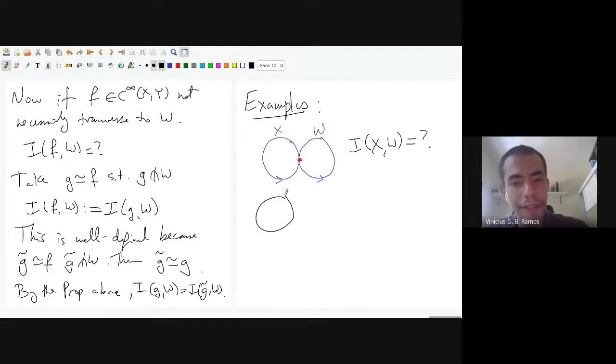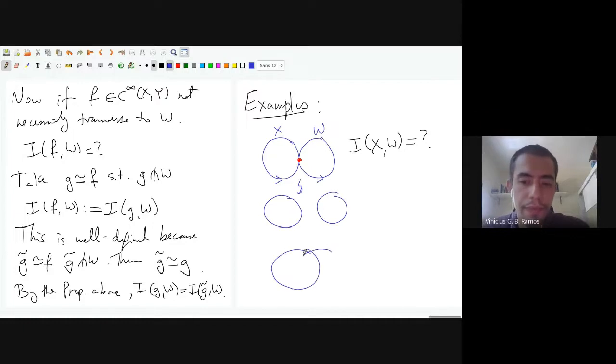One is you can actually separate them. Or you can have this. And we've already seen the intersection here is 0. And of course, the intersection here is 0 because it's an empty sum. So it has to be the same number. It has to be consistent.